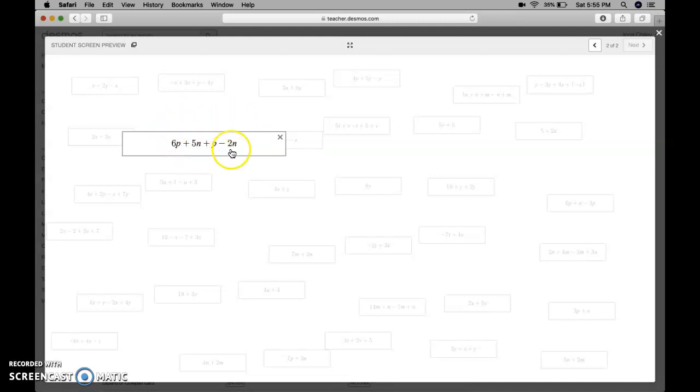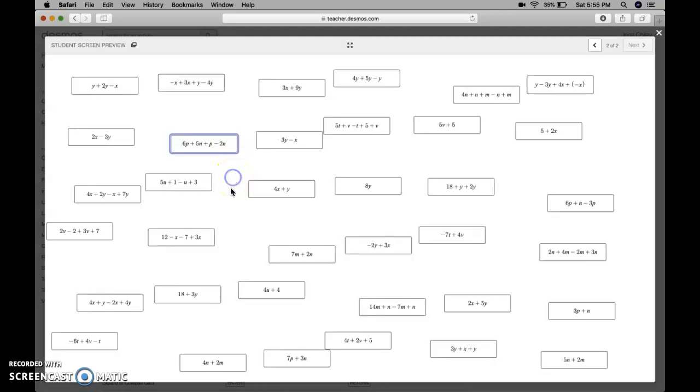So this entire algebraic expression will get simplified to 7p plus 3n. That's the card I'm going to look for in order to pair this one with. I'm looking for 7p plus 3n. Here it is. I clip that like that, and then this one is done.